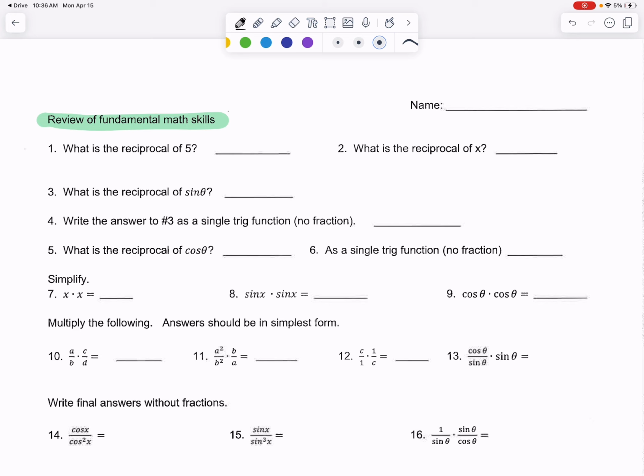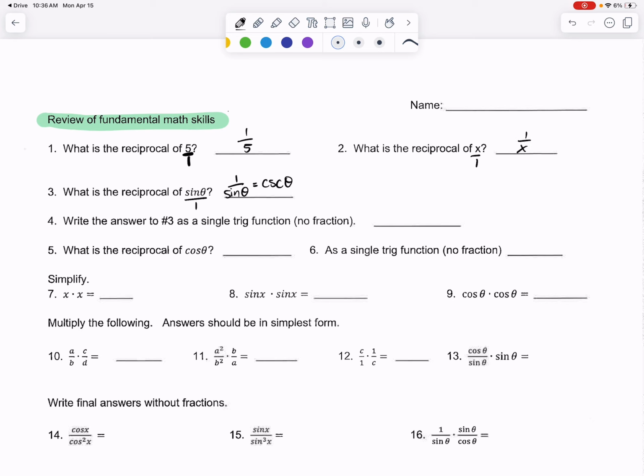If I want the reciprocal of 5, I'm thinking of that as 5 over 1. So the reciprocal of 5 is 1 over 5. Therefore, the reciprocal of sine is 1 over sine. And we have an identity that states 1 over sine is equal to cosecant. The reciprocal of x, that's x over 1, that's 1 over x, right?